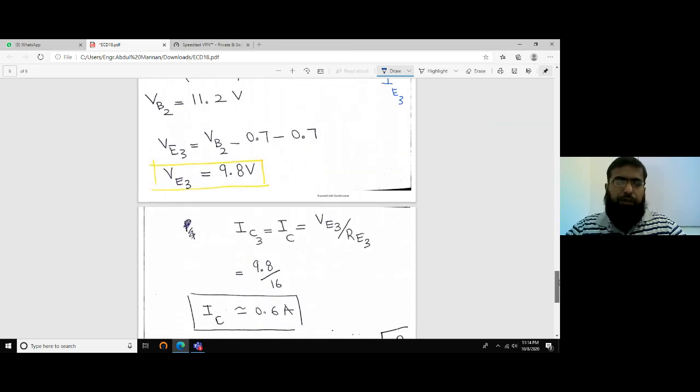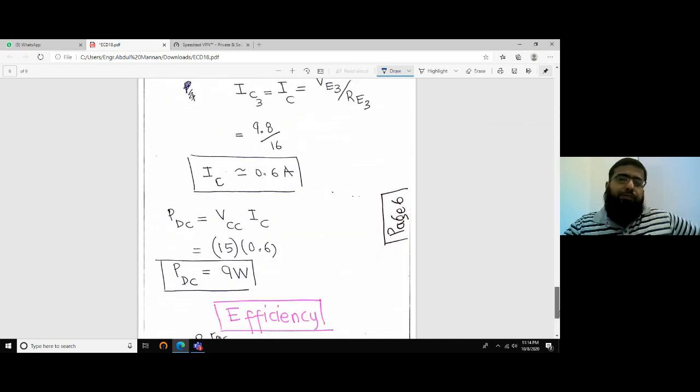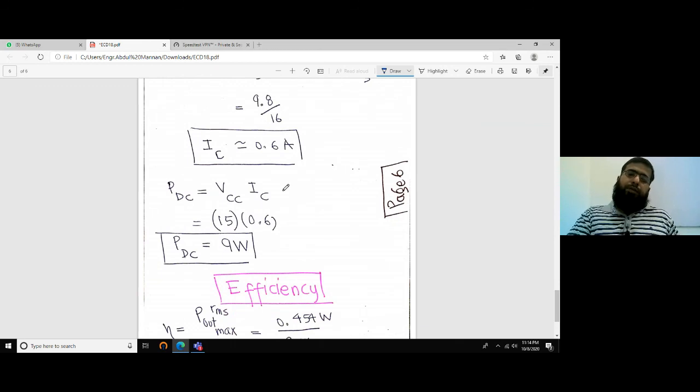So IC3, which is approximately equal to IE3 and approximately equal to IC, is VE3 over R3. It comes out to be approximately 0.6 amperes, and that is IC. So PDC is VCC times IC. This is 9 watts.